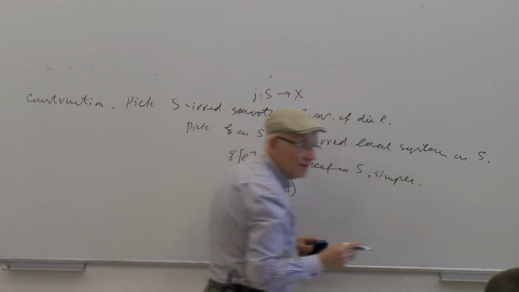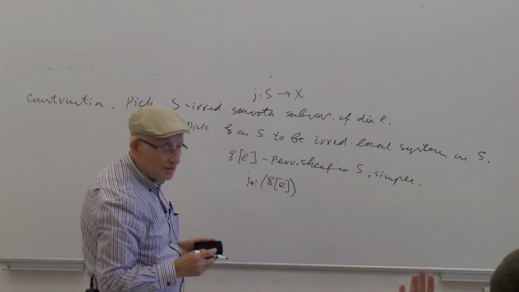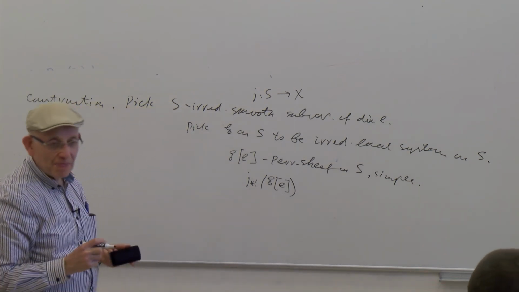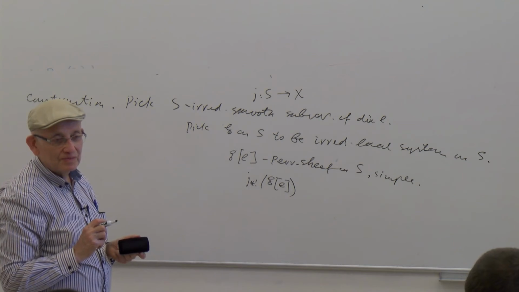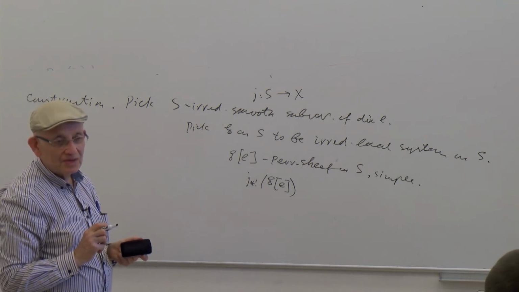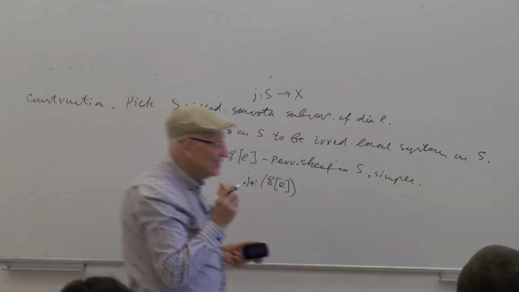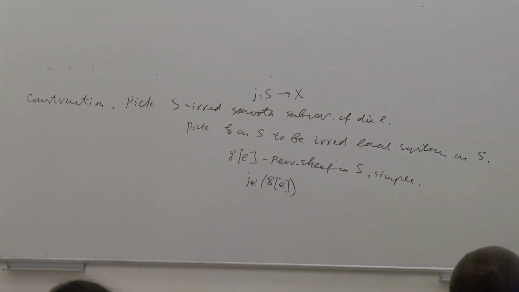S is locally closed. We only defined the J shriek for the case of affine or open embeddings. If you have locally closed, it's still fine.